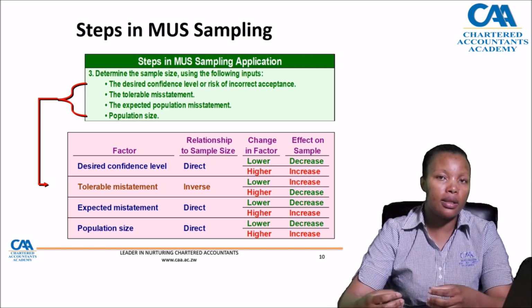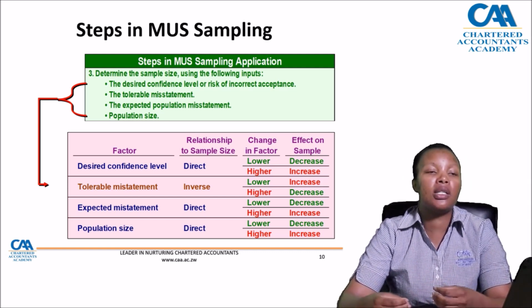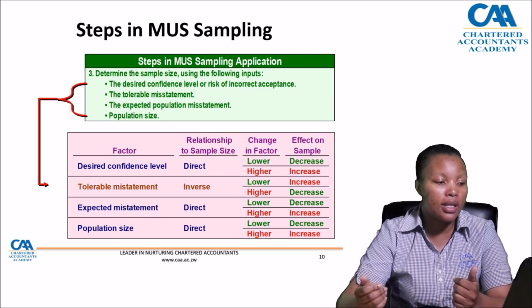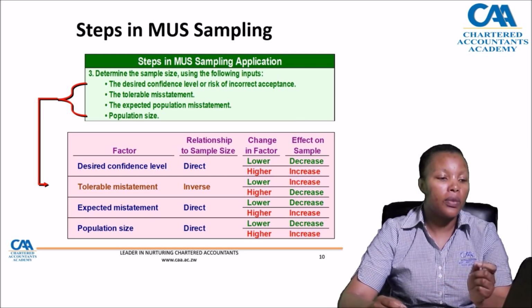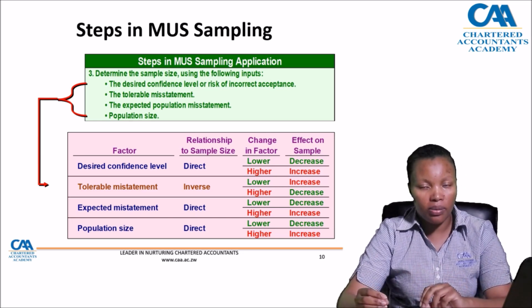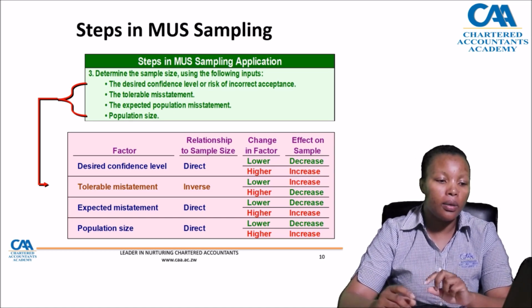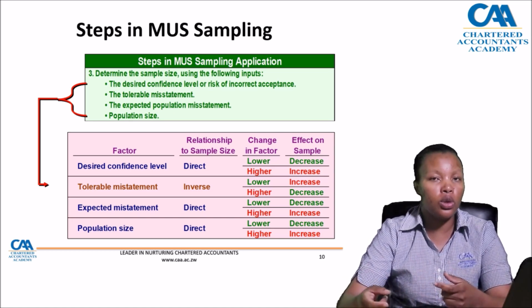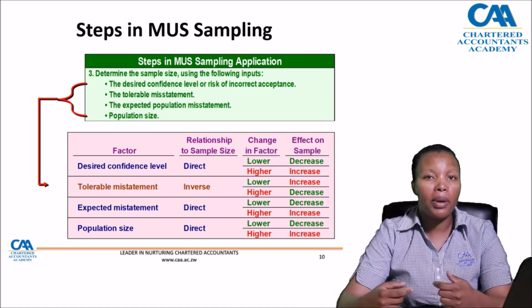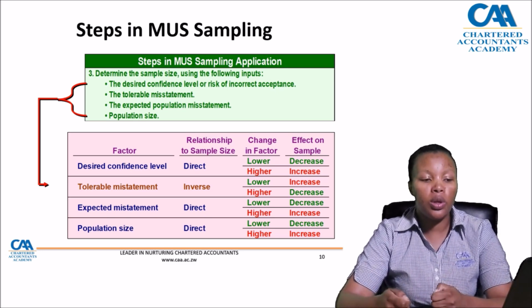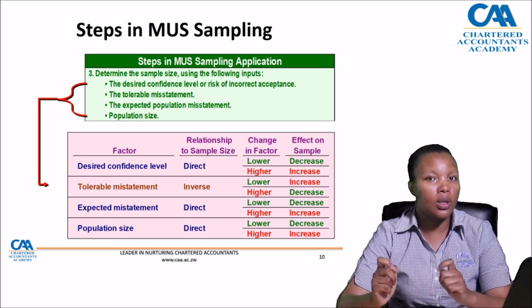So your expectation is based on your level of assessed risk and your experience. Where the expected misstatements are lower, you decrease your sample size. But where you're expecting a higher level of misstatements, you have to increase your sample size.